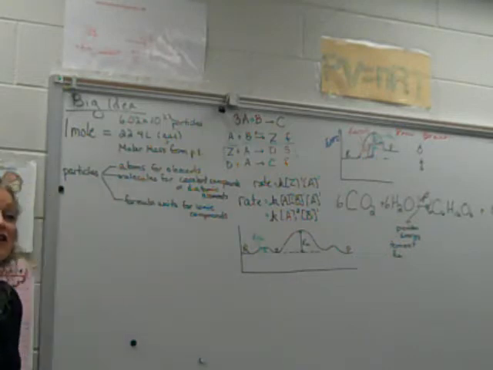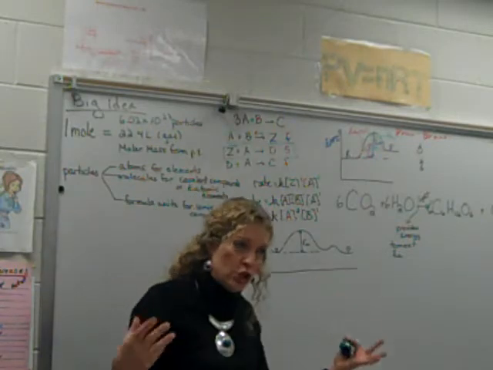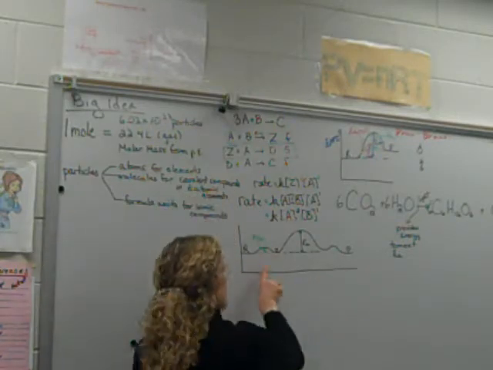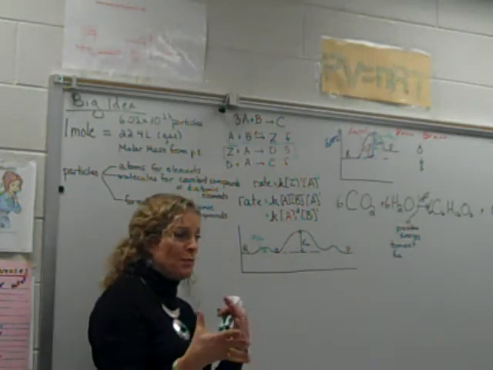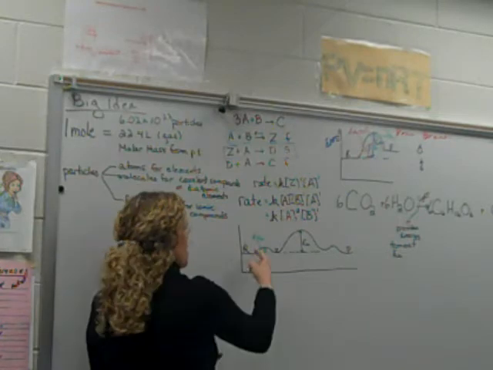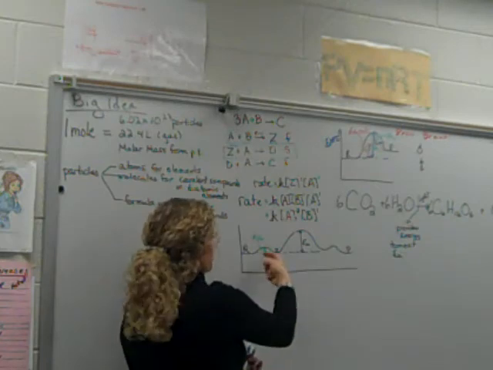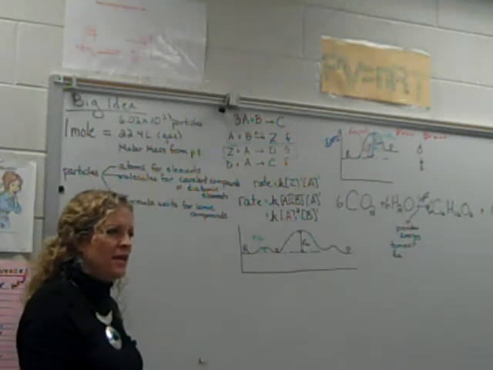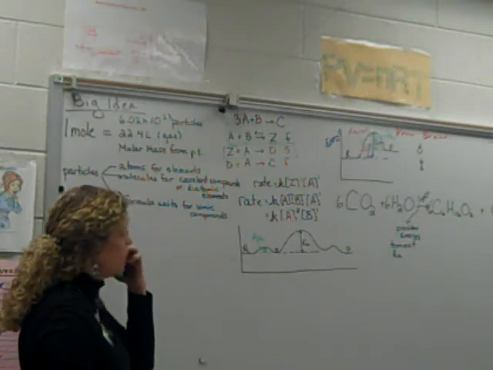Which do you think it's going to do? It's going to go backwards. And certainly, if it hasn't accumulated enough energy to get over this barrier, then it's going to go backwards. And we talked about this. That's why it forms an equilibrium. It's just waiting to get enough energy to go that way. Okay? So it does that. Does that make sense? So that's how this whole reverse thing comes into play.